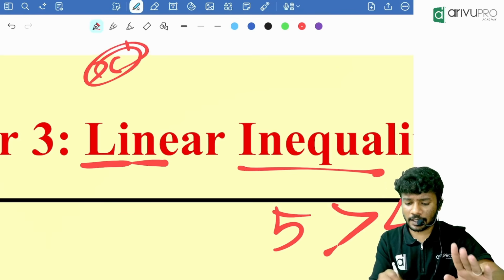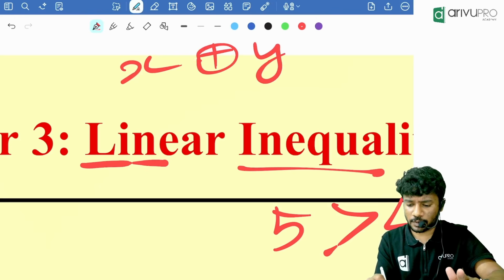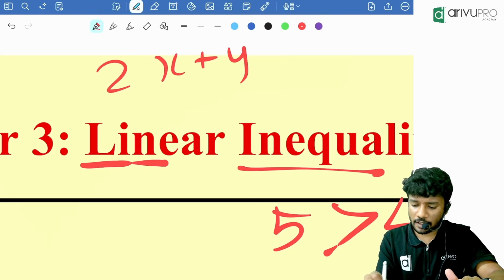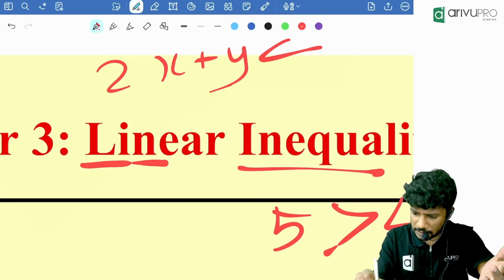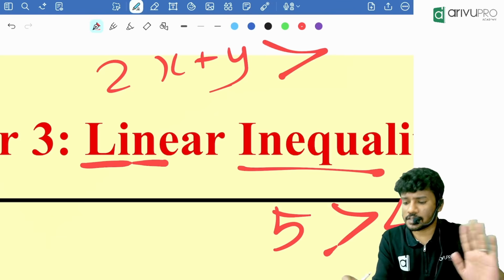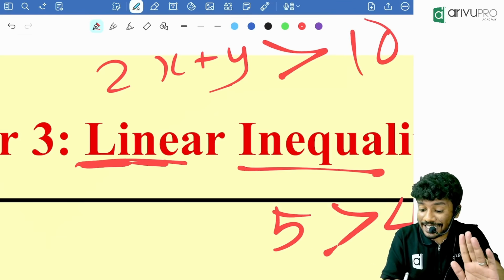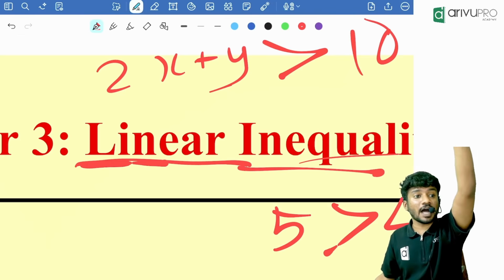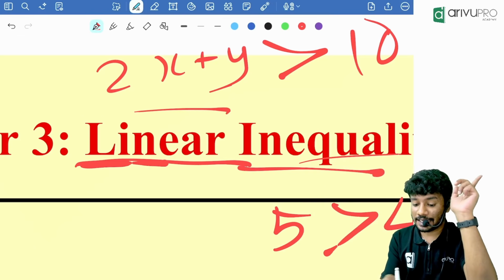It will usually be like x variable is there, then another variable y is there, x plus y or x minus y or 2x plus y or 2x minus y, greater than or equal to, or less than or equal to, or less than or greater than some value that will be given. So that is called linear inequality. What it means? The power of x or the unknown variable is how much? 1. Then it is called linear.